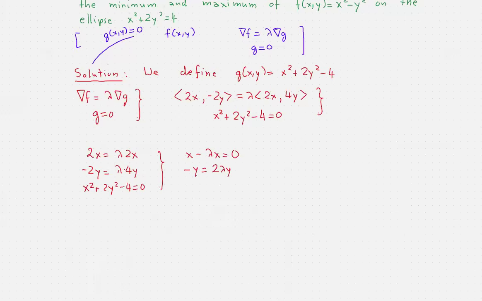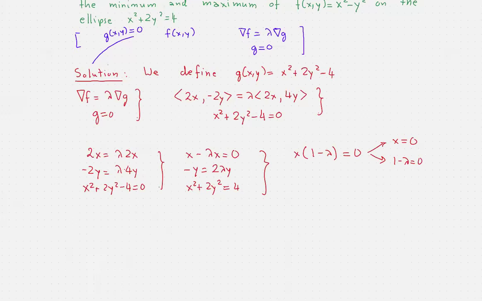And our starting point here will be the first equation, because we can easily factorize it as x times 1 minus lambda equals 0. So this gives us two possibilities. One of them has to be true. x equals 0, or 1 minus lambda is 0, which means that lambda is 1.